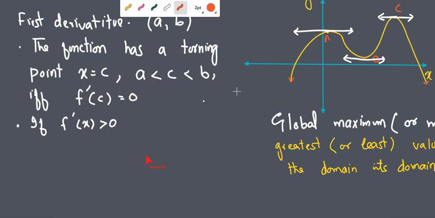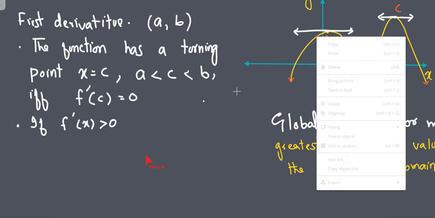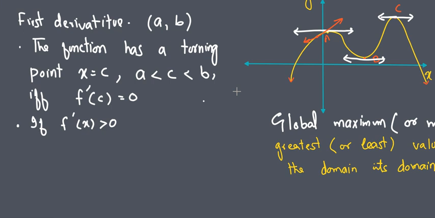If I look at this point, and I make the tangent line on this point, you can see this tangent line has a positive slope, right? Yes. So what is the characteristic of this point? This point is on the left side of our turning point. I am naming the turning point C. So when I take the point on the left side of that turning point, the derivative of the function at that point was greater than 0.